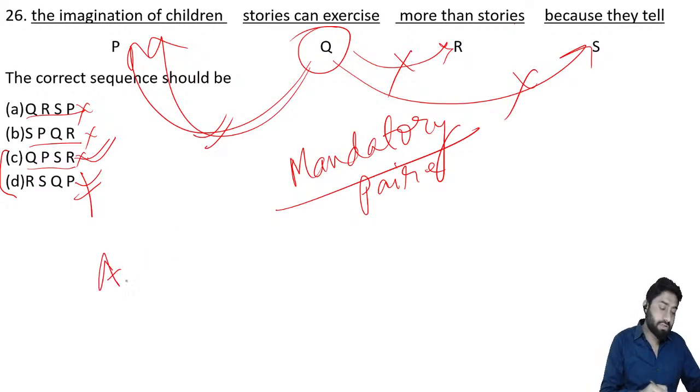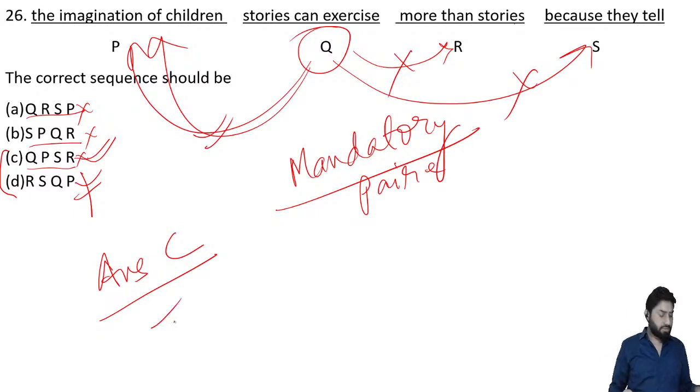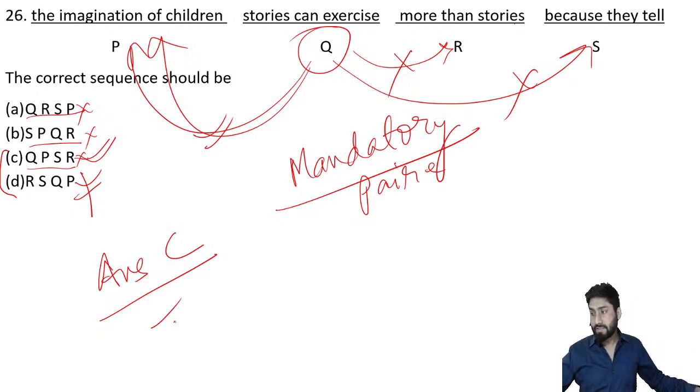So the answer is C because the sentence will start with this. So D we ruled out. Because what is in D? This is coming in the end and the sentence is actually starting with more than stories because they tell, which has no relation. So finally we're left with C. That's what you do. So mandatory pairs help us a lot here too. Now next.